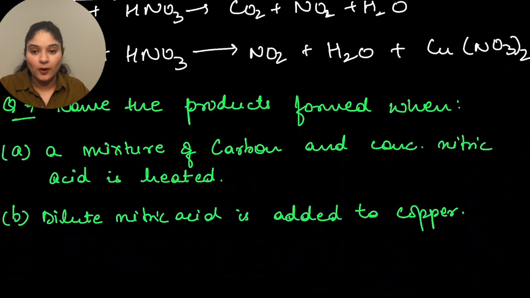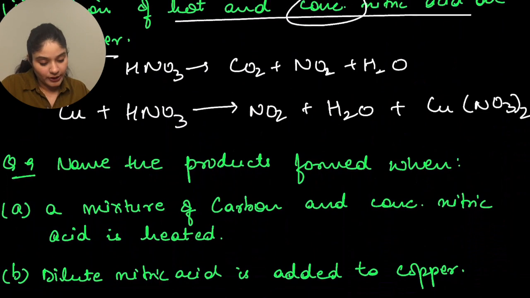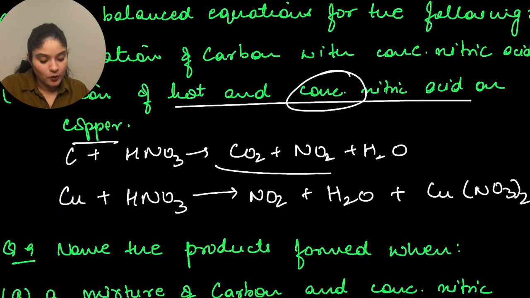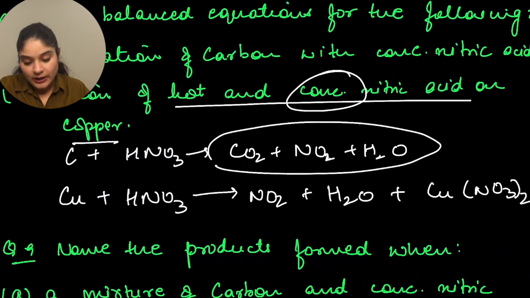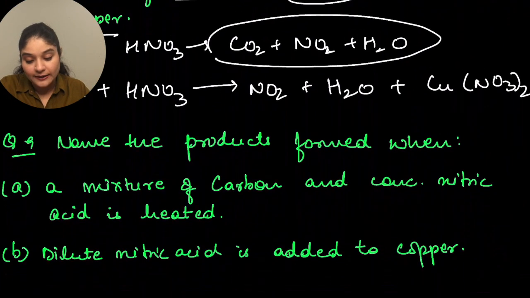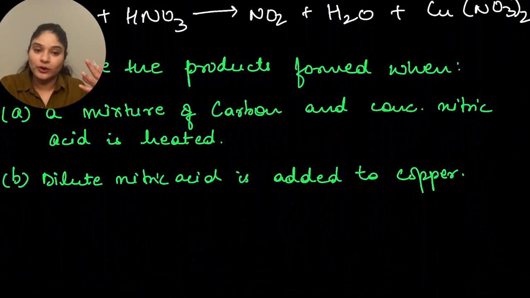Name the products formed when a mixture of carbon and concentrated nitric acid is heated. So you already did that up here. So what are the products? That would be carbon dioxide, water and nitrogen dioxide. That's it. Now next is dilute nitric acid added to copper. Again, I hope you realize how many times the reaction of copper and nitric acid has been repeated.